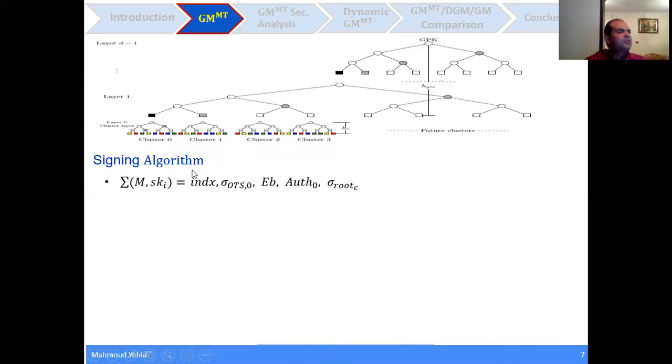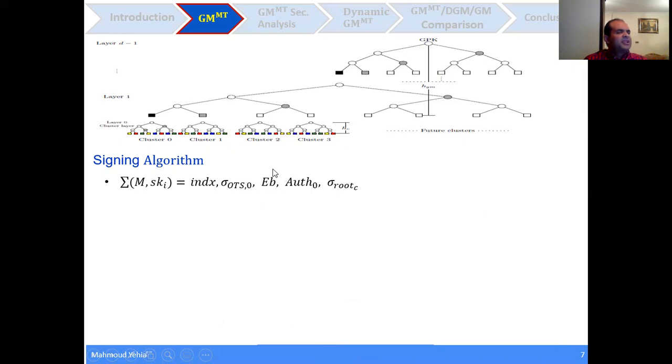The signing algorithm takes the message M and the secret keys of the signing member, and it produces a signature that contains the index, which is the signing leaf index within the whole construction, and sigma OTS, the one-time signing scheme signature in cluster 0, which is the signature by a group member on the message.